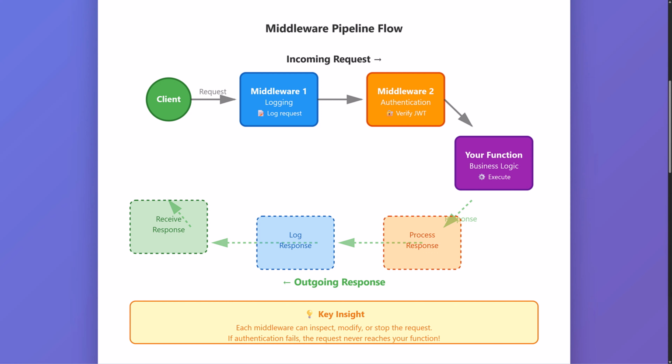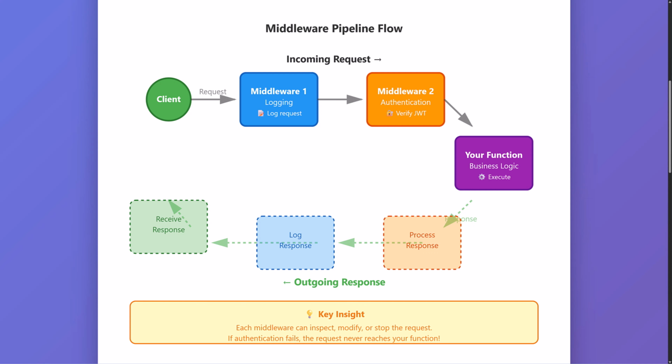Let's see the middleware pipeline flow. In this example, we have two middlewares, logging and authentication. The order of the middlewares is important and they execute in order. When the incoming request arrives at the business logic, it goes through the execution and then falls into the outgoing response flow and executes the middleware in the opposite direction until the last one sends the response to the client.